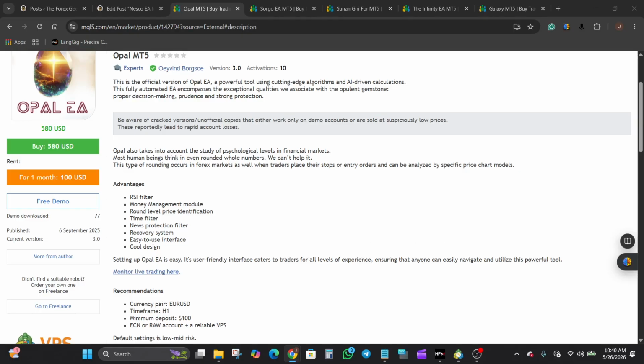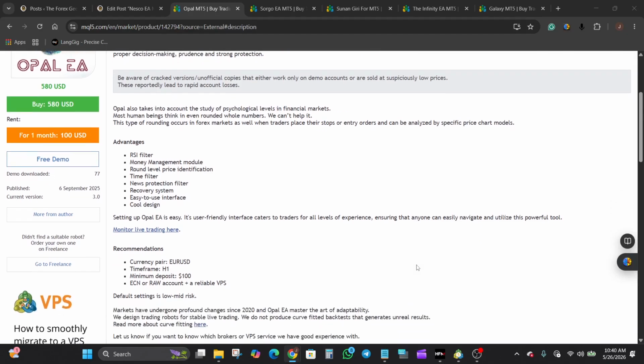There is also a recovery system mentioned, so risk handling and trade management become important parts of how this EA behaves. The developer also highlights ease of use with a simple interface designed for all trader levels, which suggests setup and configuration should be relatively straightforward.